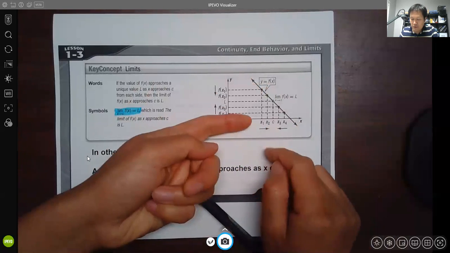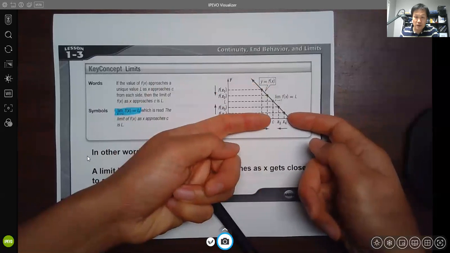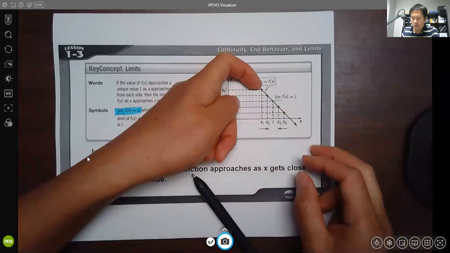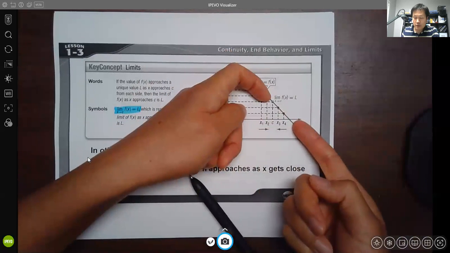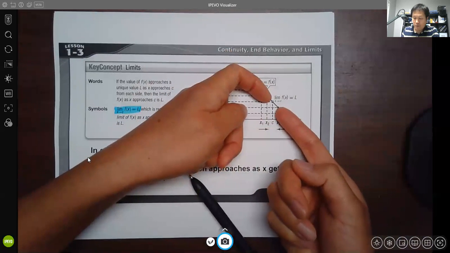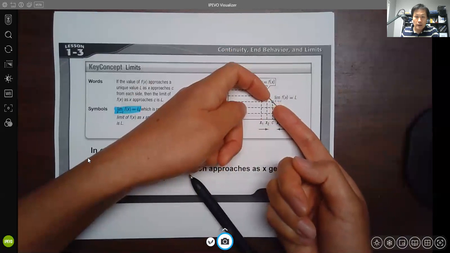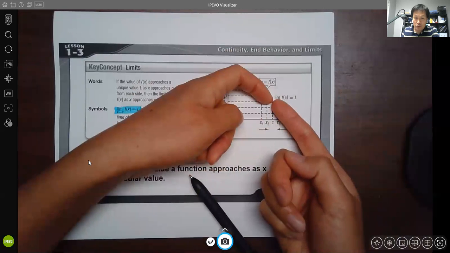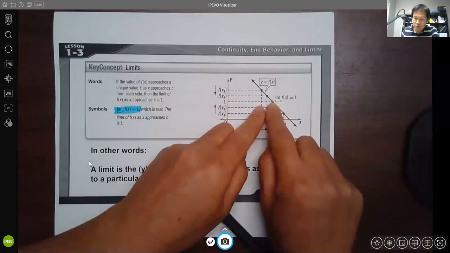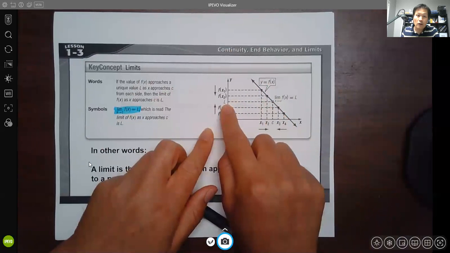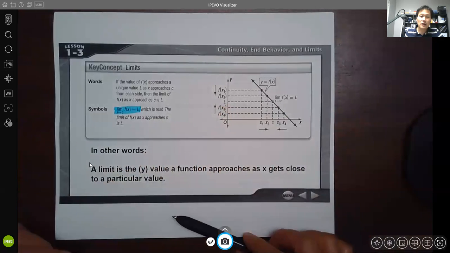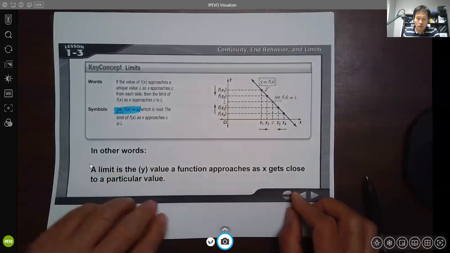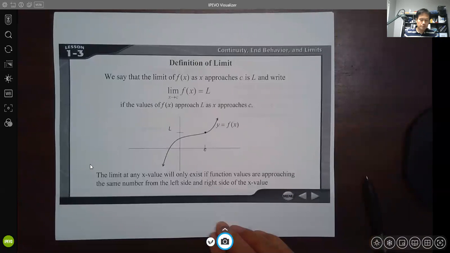You can approach c from the left, and you can approach c from the right. And in this line, as the x value approaches the c value, the y value is approaching L. So that's a conceptual definition of limits.